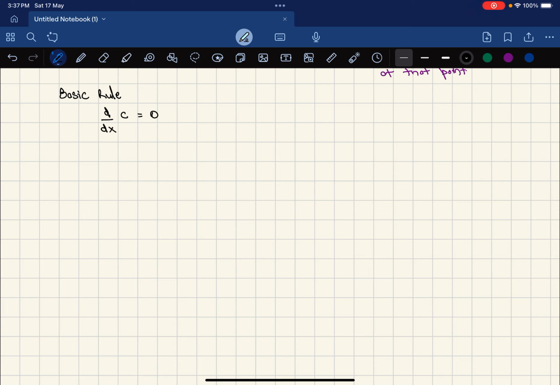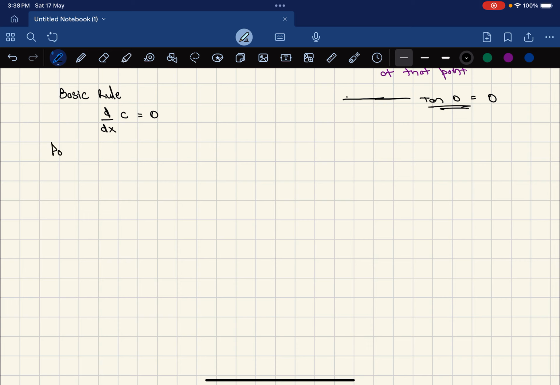I think this can be intuitively understood as well. Since it's a constant, we are looking at a constant horizontal curve here, and tan of 0 is 0. Therefore the slope would be 0 at every point, and therefore a constant has a derivative of 0.